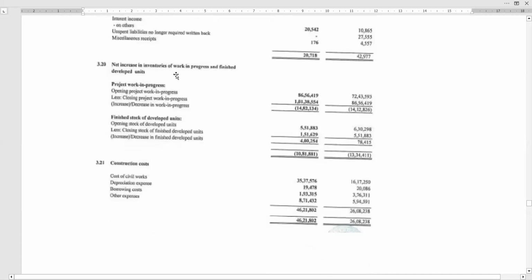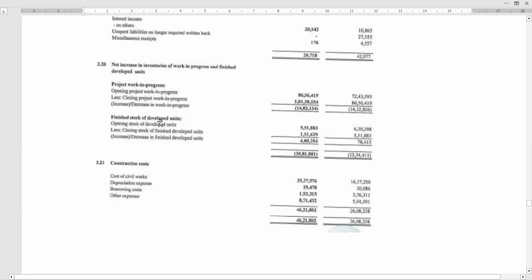Now coming to net increase in inventories of work in progress and finished and developed units. Okay, now because this is a construction company, they had given as developed units, finished developed units like that. If it is a manufacturing company, they would have given as a product. Okay, now project work in progress, they have taken opening less closing, difference is 14,000.